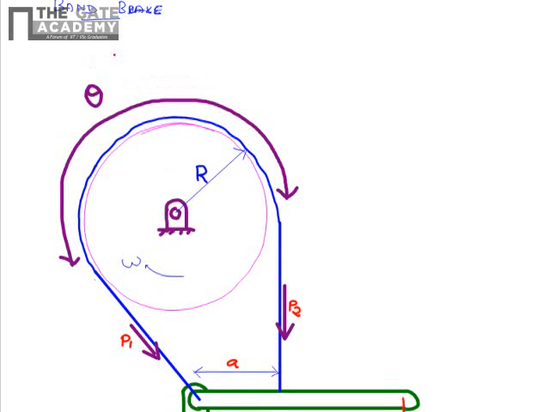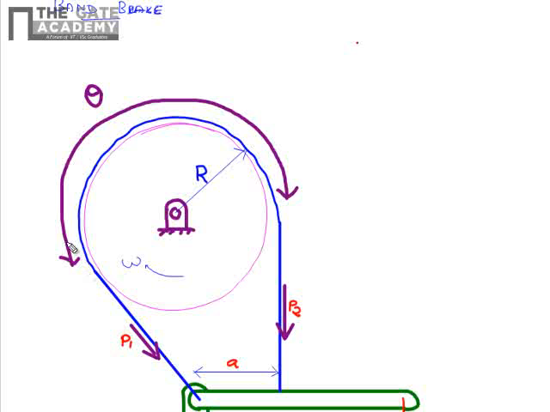Here the main thing is how to find out the tensions in this brake. Now for this band brake we have some relations. If P1 is the tight side tension and P2 is the slack side tension, and mu is the coefficient of friction between the friction lining and the brake drum, and theta is the angle of wrap, that is, the flexible steel strip is in contact with the rotating drum from this point up to this point.